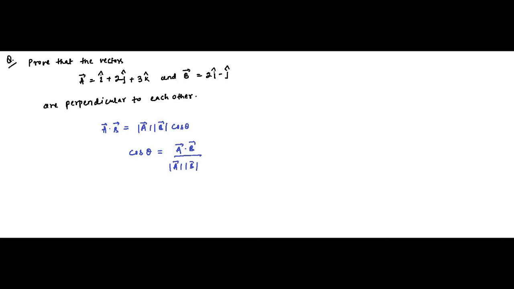So here again, in order to check whether they are perpendicular or not, everything is dependent on this numerator part, A vector dot B vector.